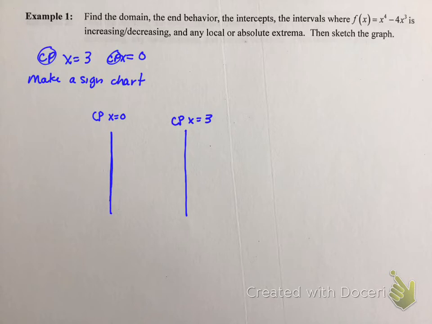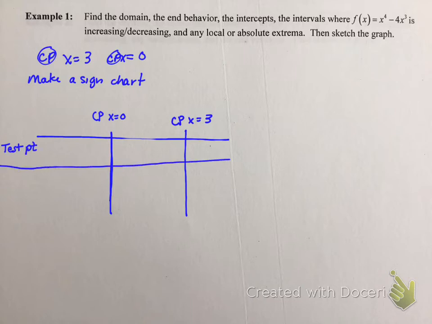Okay, so what I'm going to do is create this chart. The first row is going to be my test point, and I'm going to call this TP, right? I'm going to plug my test point into my derivative and see what the result is. Is it positive or negative?